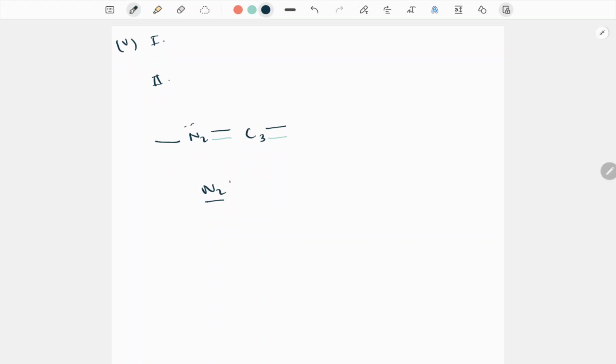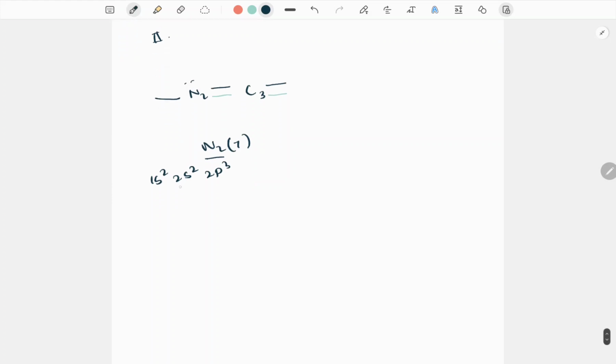It is 7. Therefore, the electronic configuration of nitrogen will be 1s2, 2s2, 2p3. In ground state, its valence electrons are arranged like this. You have 2 electrons in 2s and 3 unpaired electrons in 2p. This is in which state? Ground state.